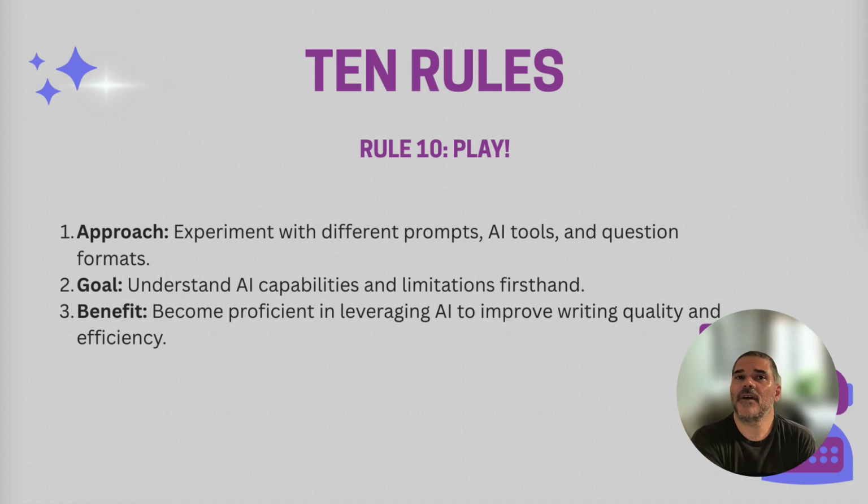And this will help you understand the capabilities and what it's good at, and the limitations and what it's poor at, firsthand working with the content and the knowledge yourself. And then the caveat of this and the benefits are that it's going to help you become more proficient in using AI tools to write more clearly and write better quality.